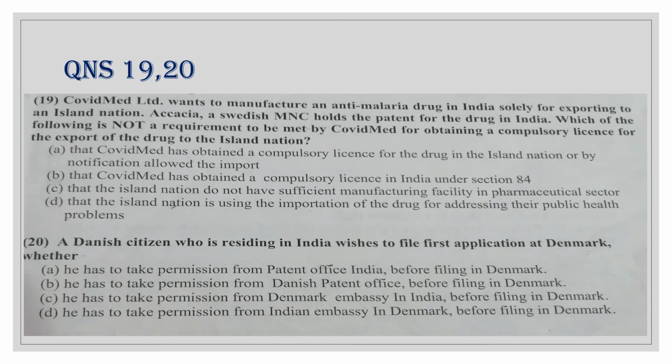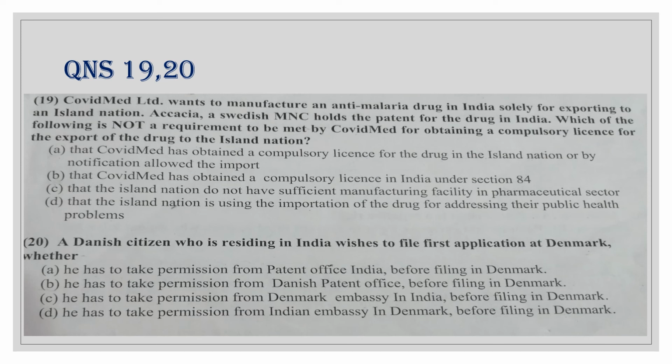Let me read the options for you. Option A says that COVID Med has obtained a compulsory license for the drug in the island nation or by notification allowed the import. Option B is that COVID Med has obtained a compulsory license in India under Section 84.